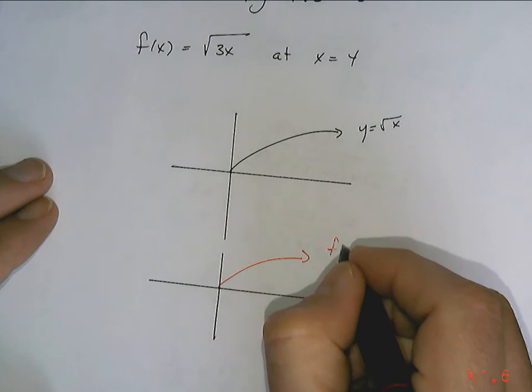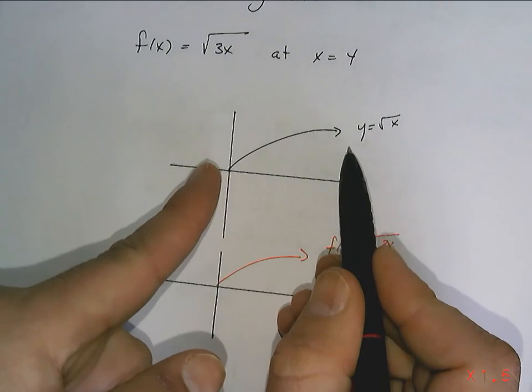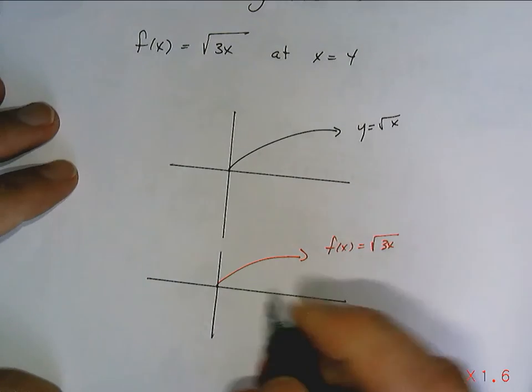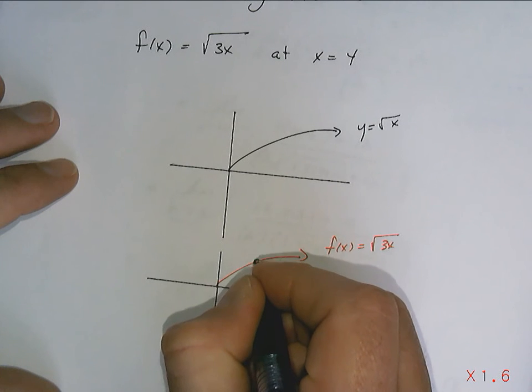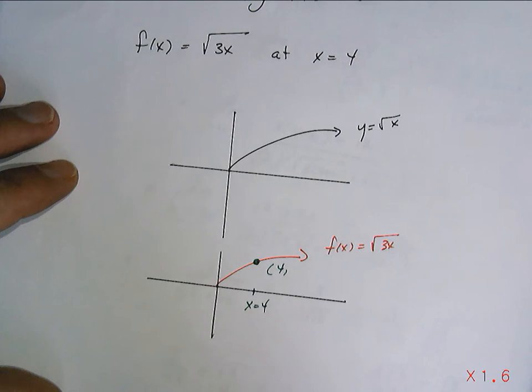But this is actually a horizontal compression of this puppy. And at x equals 4, it goes up to a point, and that point we worked out was 4 comma 2 root 3.